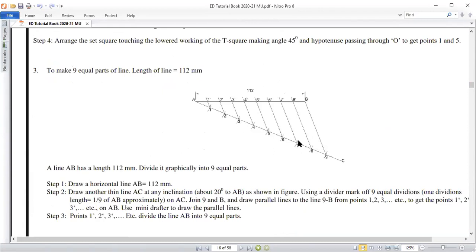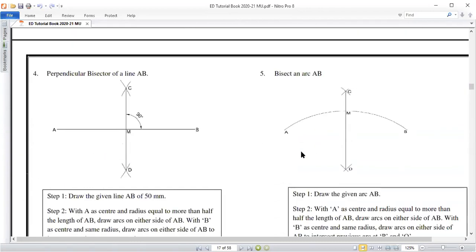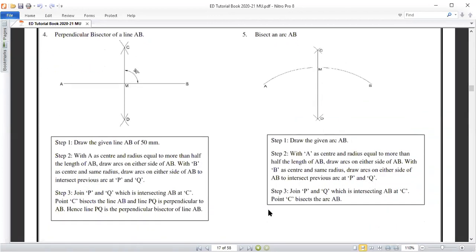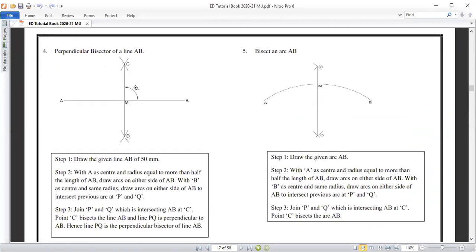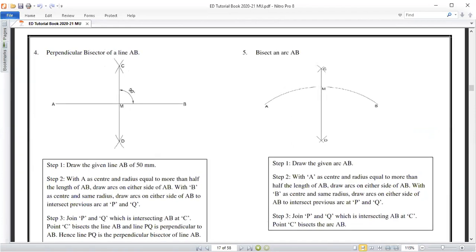This is the division of line that we will see in the next part. This is very important, bisection of a line and bisection of an arc. So how to do the bisection? The methods are written in the box.